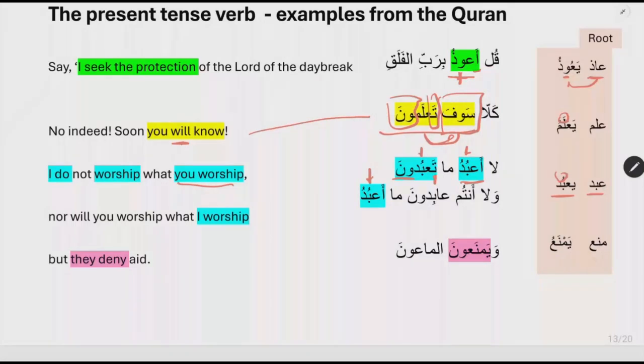Mana'a yamna'u is to hinder or to deny something, right? You get mamnu' meaning forbidden, like mamnu' at-tadkhin, the no smoking sign you'll see in places. Mana'a yamna'u is to forbid something or deny something. So in the last ayah of Surah Al-Ma'un, wa yamna'una, with the ya in front and the una at the end, and they deny ma'un, small acts of kindness, charities, very small things.